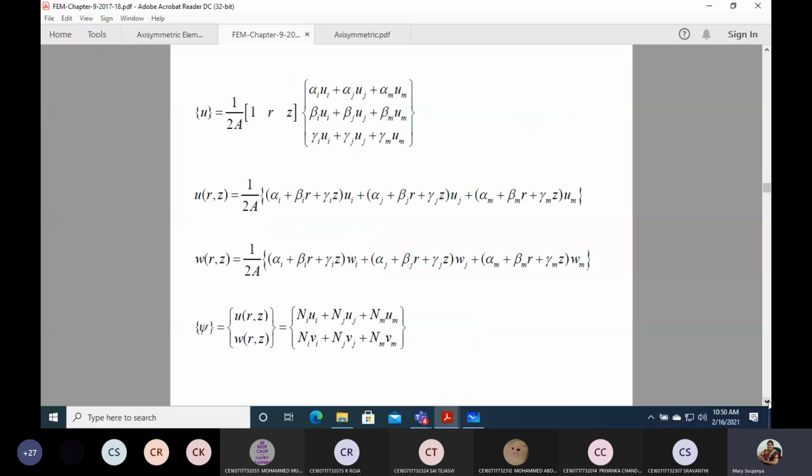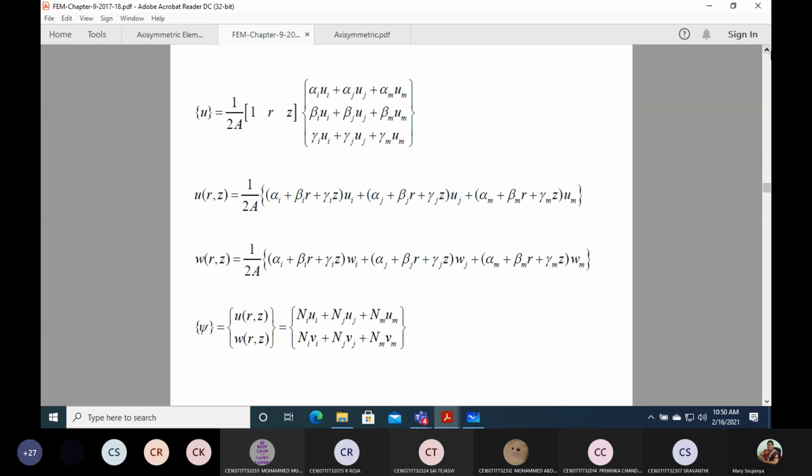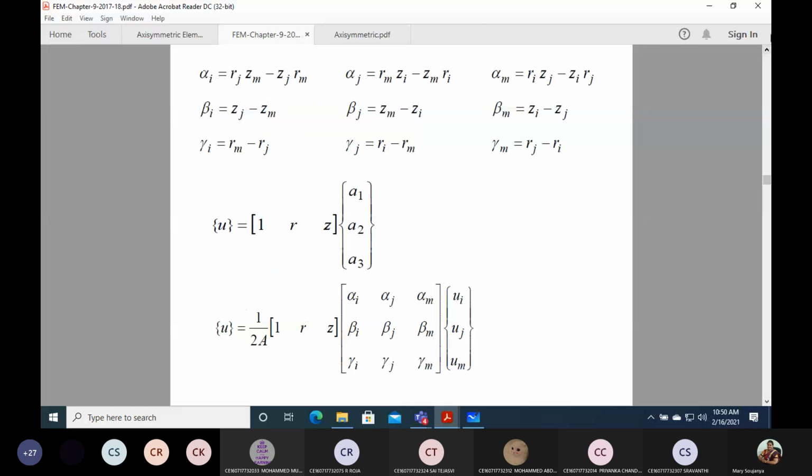The same pattern is followed and we are finding the shape functions. At the end, these are the shape functions that we reach. If you remember N1, N2, N3, they resemble the earlier ones somewhat. A1, B1, C1 were there, if you check. And what are those A1, B1, C1 terms? Here, alpha i is rj zm minus rm zj.